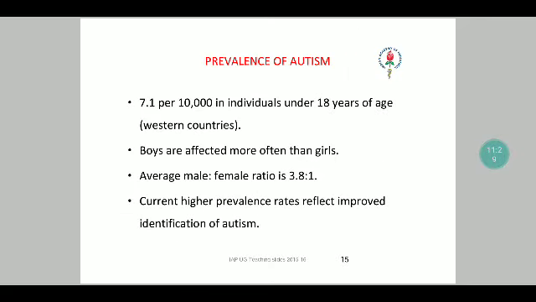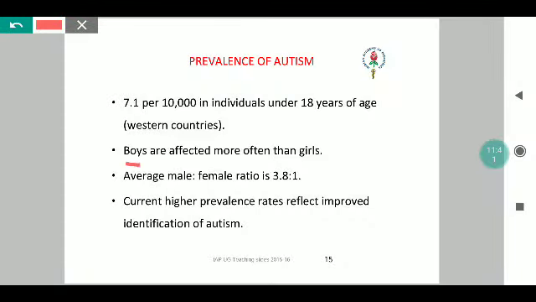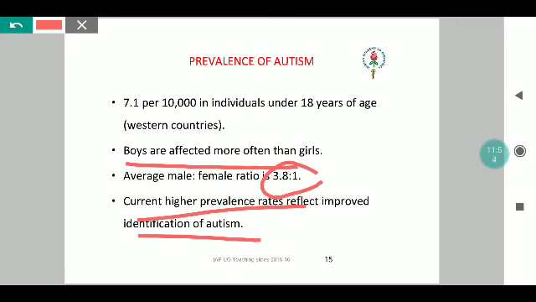Now, coming to the vital statistics, coming to prevalence, in Western countries, the prevalence is 7.1 per 10,000 under 18 years of age, with boys more affected than girls, and a male to female ratio of almost 4:1. Now, the higher prevalence rate currently is not attributed to an increased number of cases, but rather to an increase in identification.